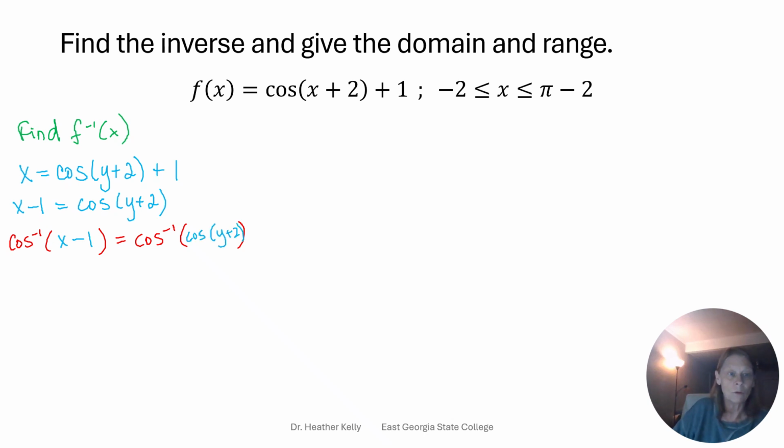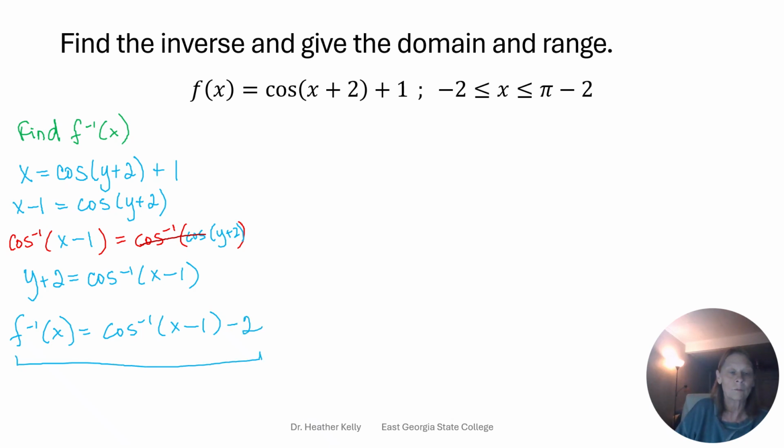And we have that beautiful thing happen where these cancel each other out. I'm going to rewrite it like this. Y plus 2 is equal to the arc cosine of x minus 1. And then we get to move that 2 over. So I'm even going to skip another step here, and this is going to be the arc cosine of x minus 1, minus 2. This is our inverse.